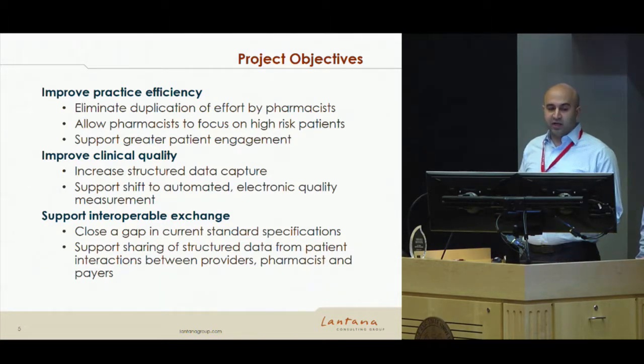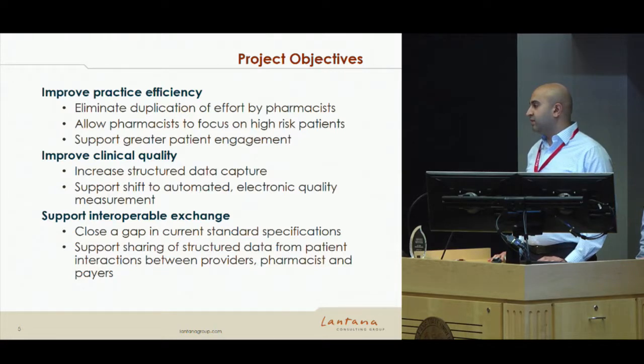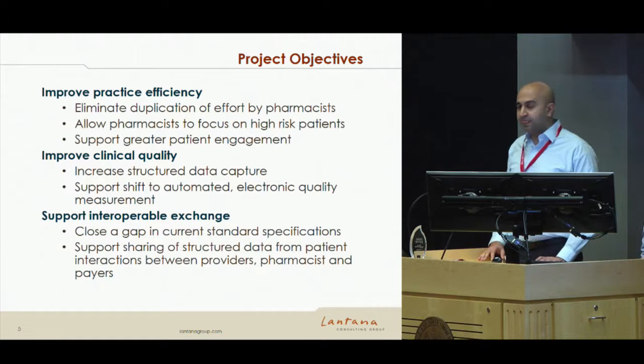It would also help pharmacists have greater engagement with their patients. I mean, often patients would have one interaction perhaps with their provider, but subsequent and multiple interactions with their pharmacists. And so this was a way to actually capture all of that data, and the pharmacists felt that they needed a place to capture the structured information.